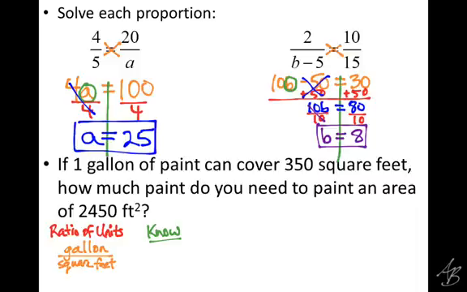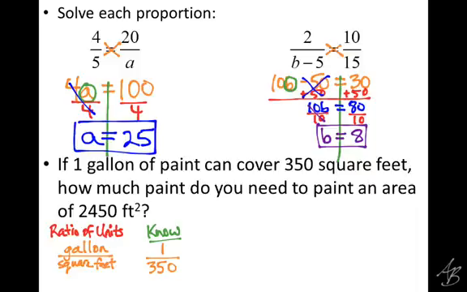So we know 1 goes with 350, and we also know that 1 goes on top because it's gallons, and that's what we put on top in our ratio of units. If you had square feet on top and gallons on the bottom, then you would be setting this up the other way. You would have 350 over 1. All right, so we have 1 gallon over 350 square feet.